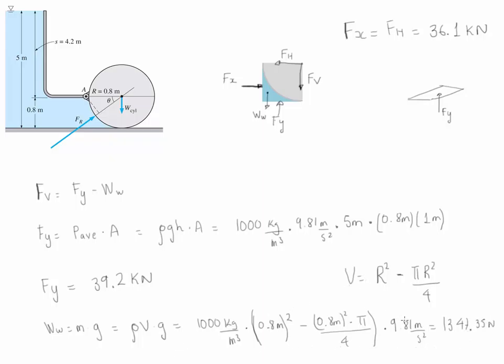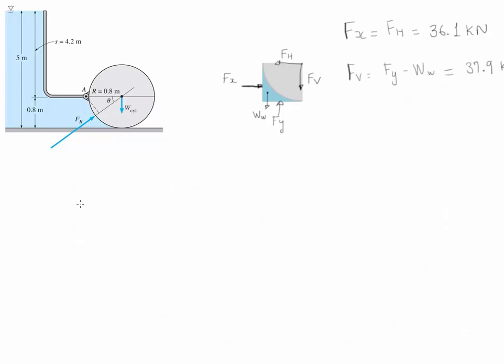If we take these two values, Fy and the weight, we can calculate that the vertical force is going to be equal to 37.9 kilonewtons. Now that we have the two components of the reaction force, Fh and Fv, we are able to calculate the total reaction force, which is going to be Fr.